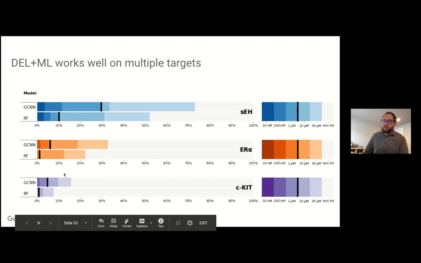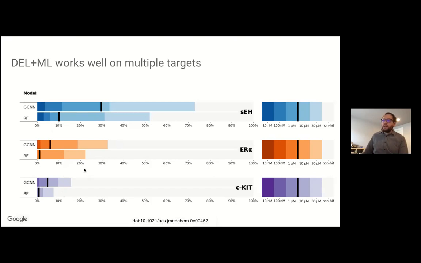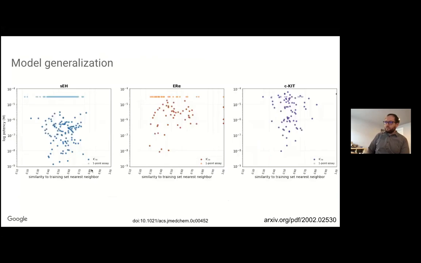Similar stories were seen for the other 2 targets, with progressing difficulty in terms of overall hit rates that we observed. And I think by any account, hit rates of this magnitude on any of these targets should be considered a grand success. This is much better than you would get from random high throughput screening or something like this. And the differences between the GCNN and the random forest are also very clear in terms of the number of hits that we found and the potency of those hits.